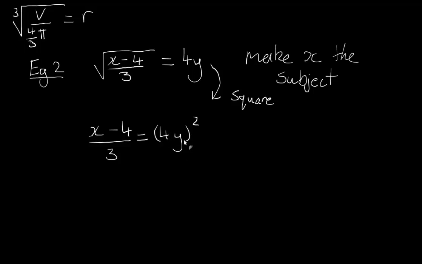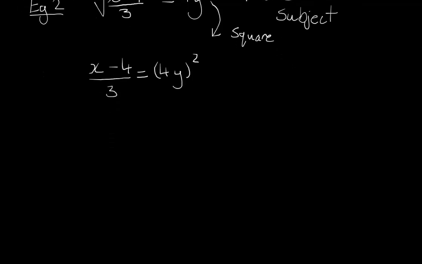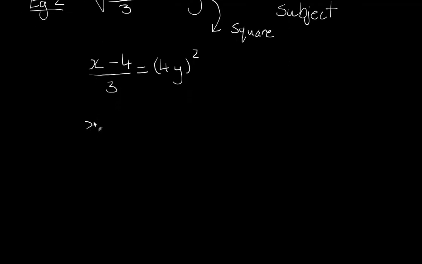I could make that 16y squared, I could leave it, it doesn't actually matter when we're rearranging equations unless they ask for it in a particular form. So I think I'll make it 16y squared. So x minus 4 over 3 equals 16y squared. Hopefully happy with why that's 16, it's because the whole thing is squared, so it's 4y times 4y, which is 16y squared.